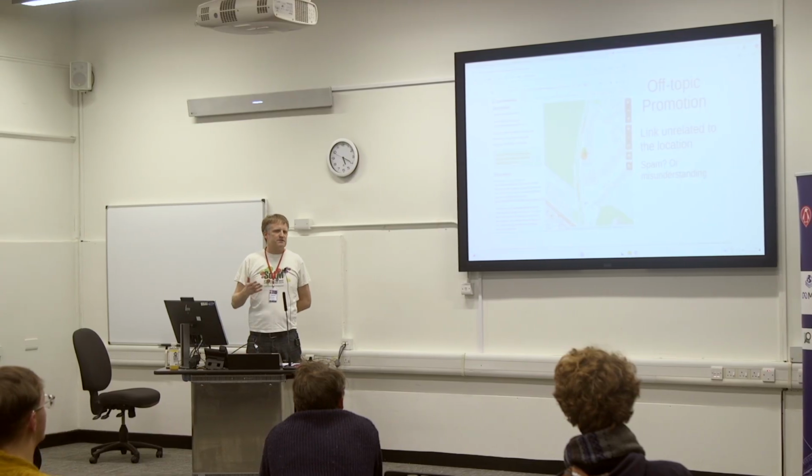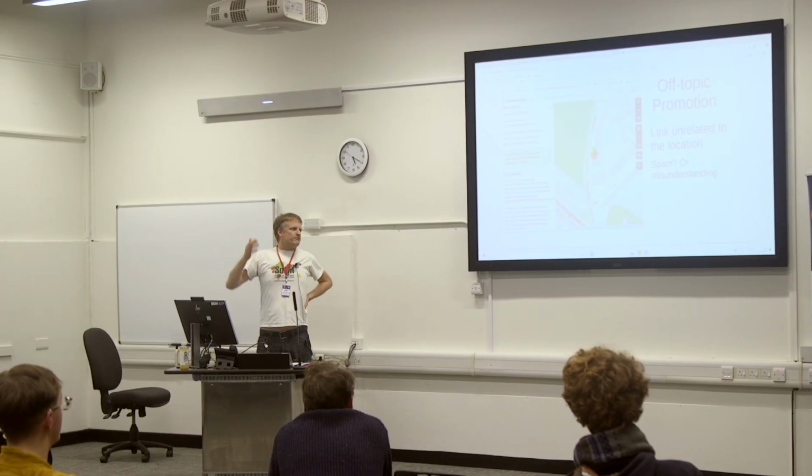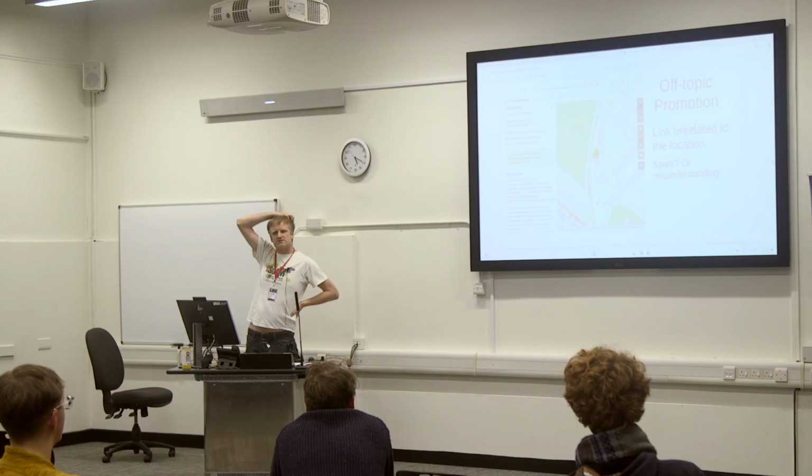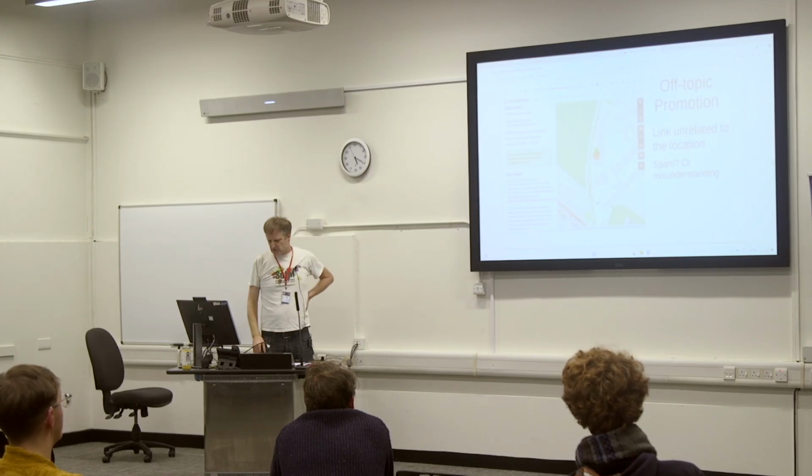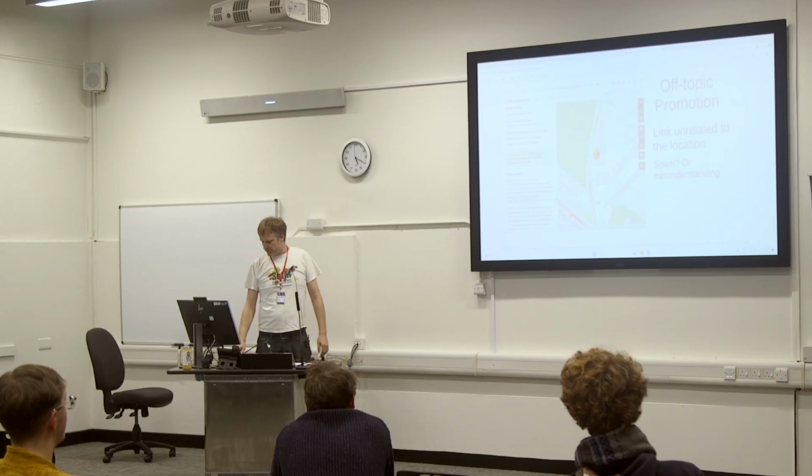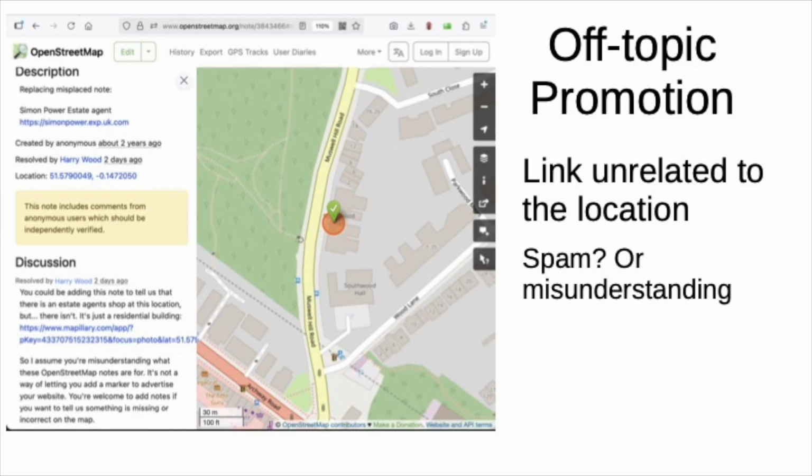But again, you can still assume good faith and assume that they've misunderstood what notes are for. You could spend ages explaining it, but maybe it's a waste of time. In this case they've said "replacing misplaced notes." I suspect they might come back and wonder why it's been removed. Who knows? Maybe they'll see it.